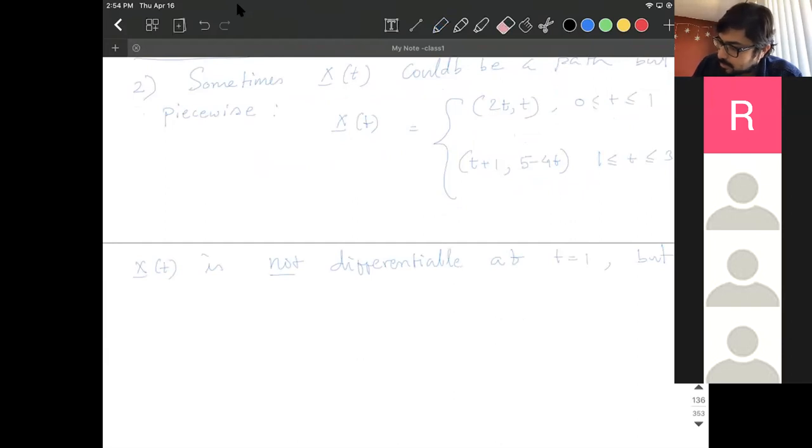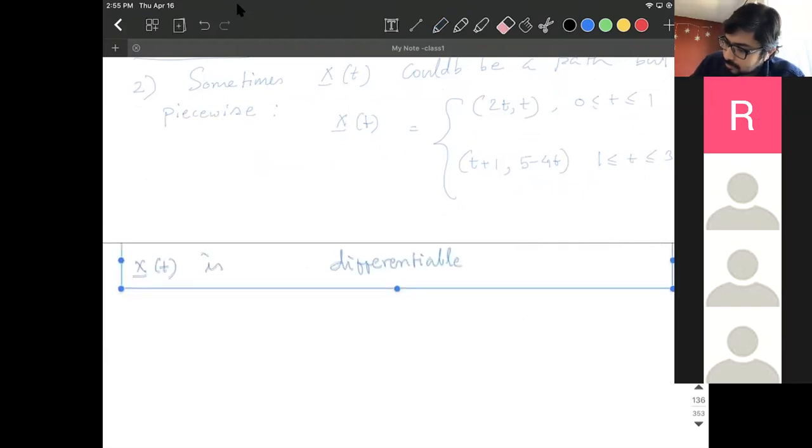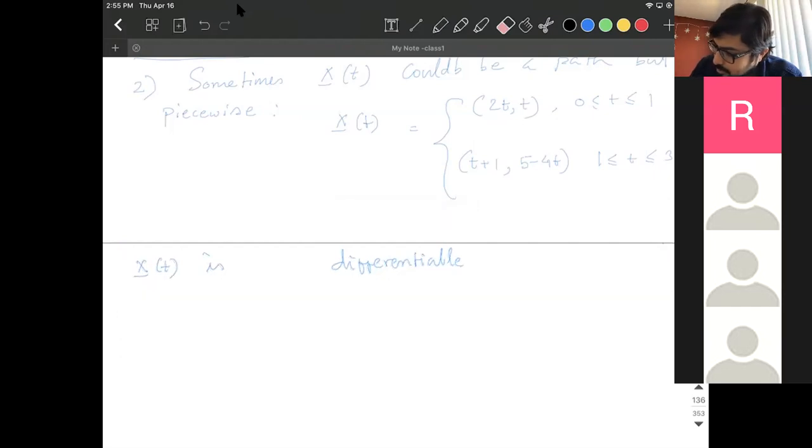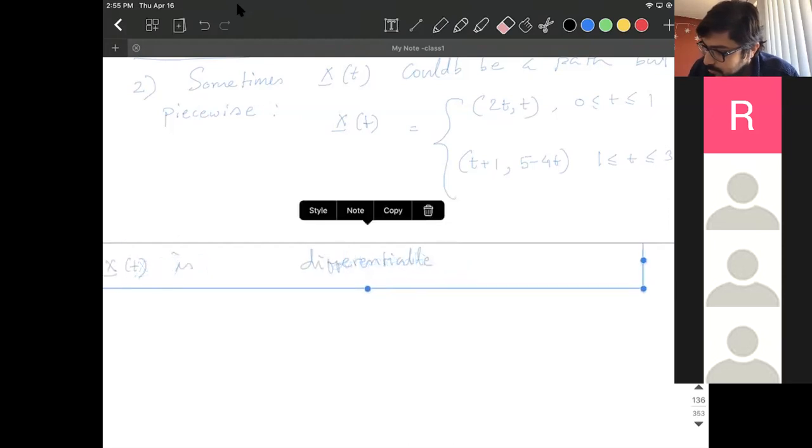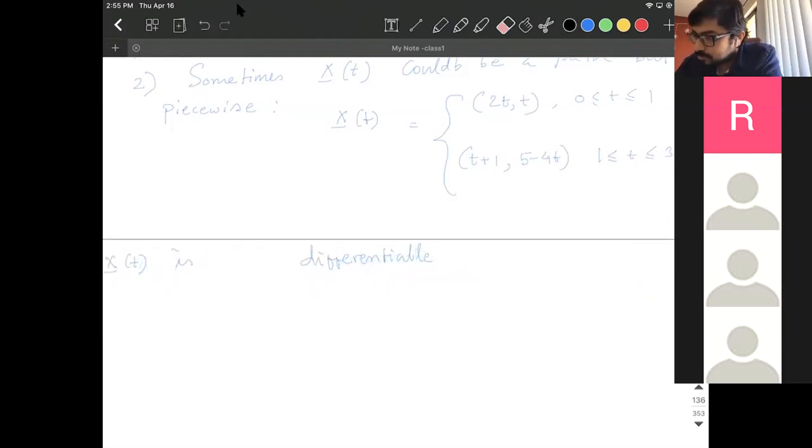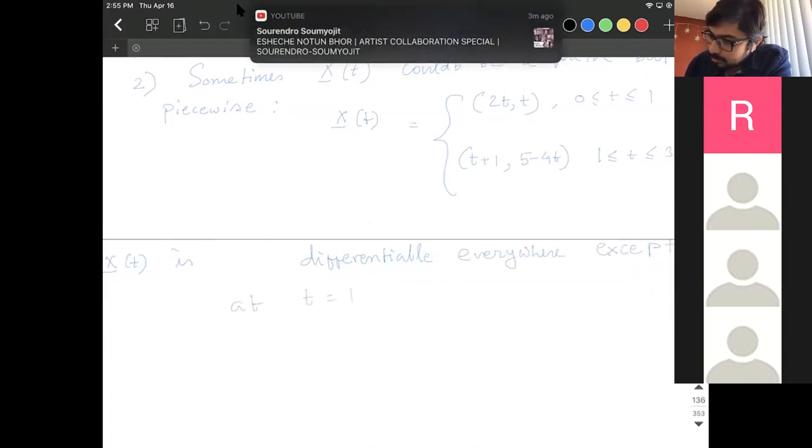Or a better way to write it: x(t) is differentiable everywhere except at t equals 1.